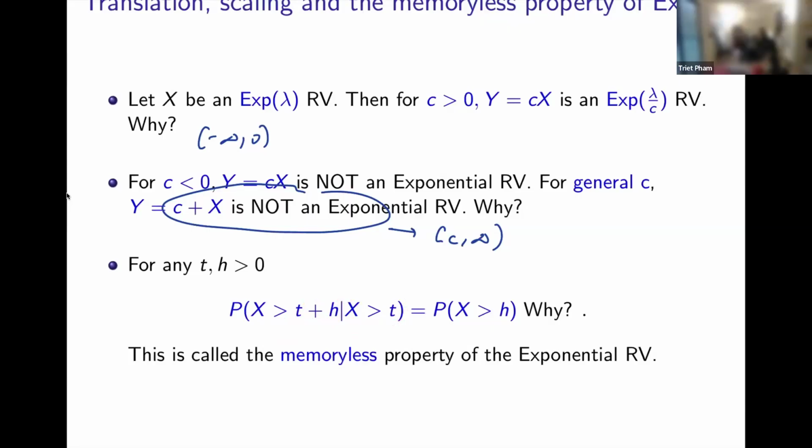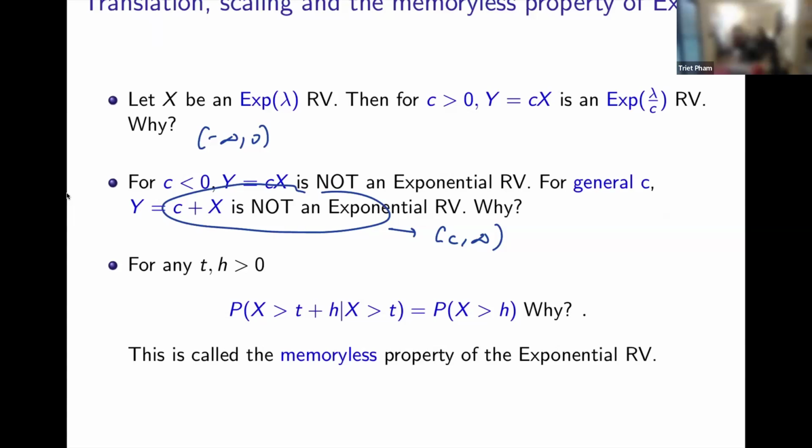The answer is, it's the same as if at the beginning you wait for the event to happen beyond h units of time. So the memory part, the t that you have waited, does not contribute.